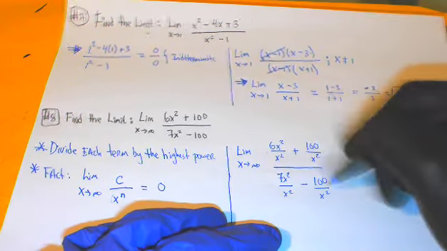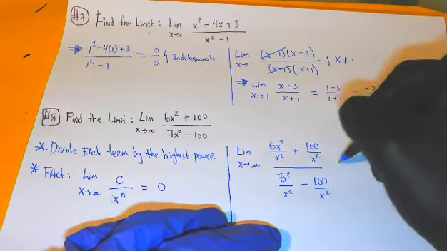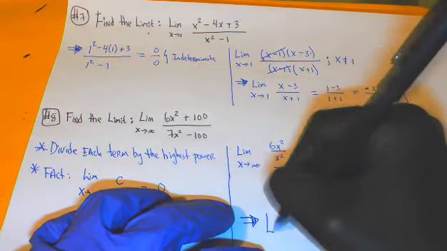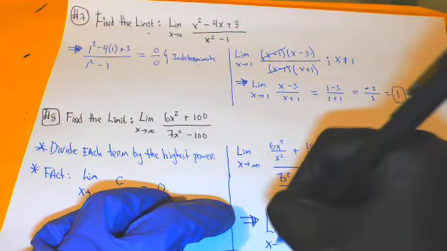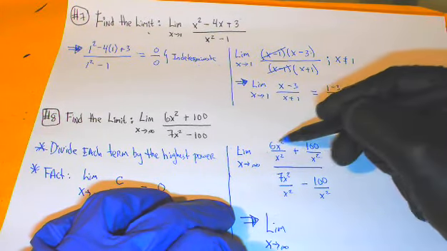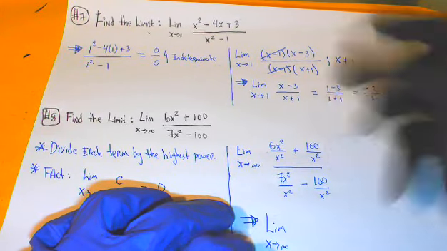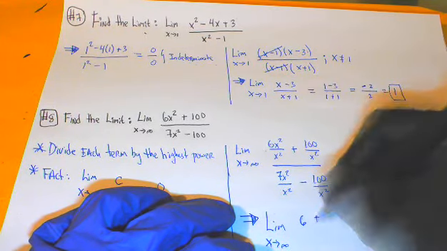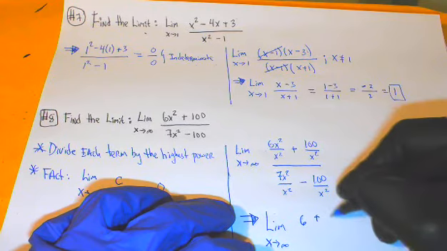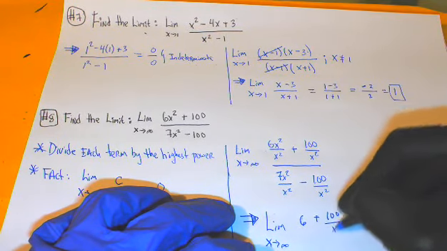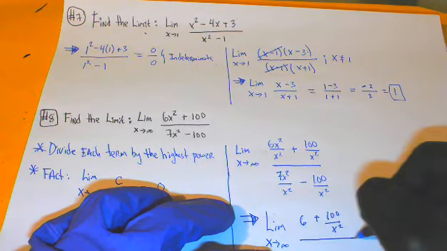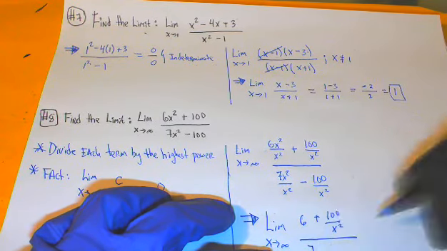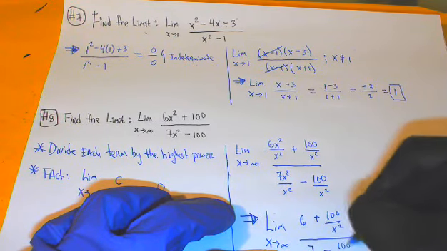Now I'm going to simplify this. 6x squared over x squared, the x squareds will cancel, so it's going to be 6 plus 100 over x squared. I can't do anything with that, so I'm just going to rewrite it. 7x squared over x squared is going to be 7 minus 100 over x squared.